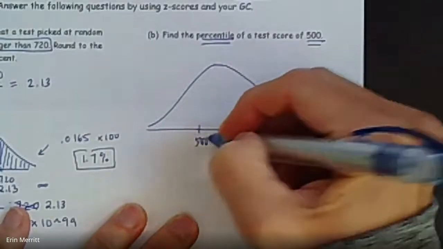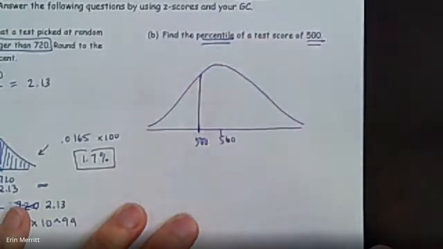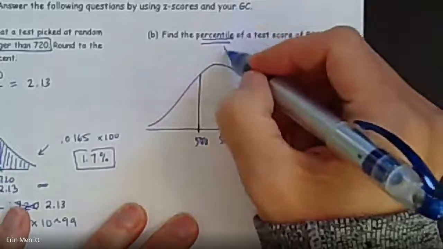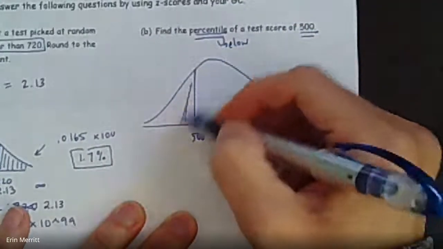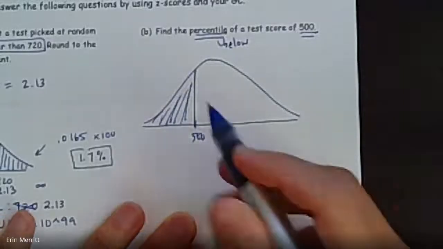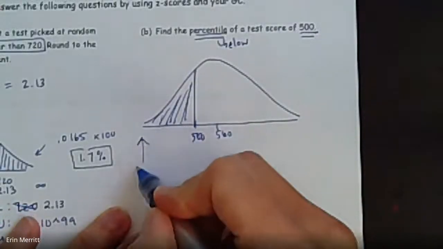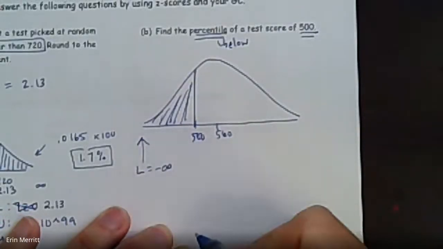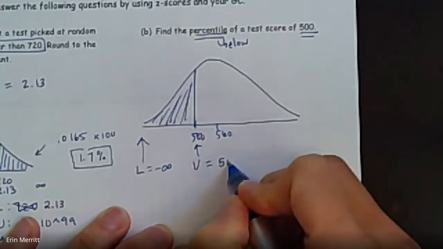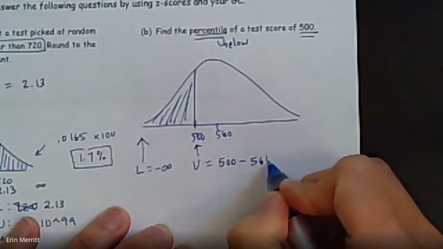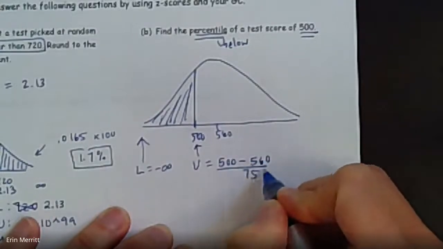That's below the mean, but I still want to calculate everybody that's below that. So I'm adding up all the percentages below that. That means my lower is going to be negative infinity. For my upper, let's calculate the z-score: 500 minus 560 divided by 75.